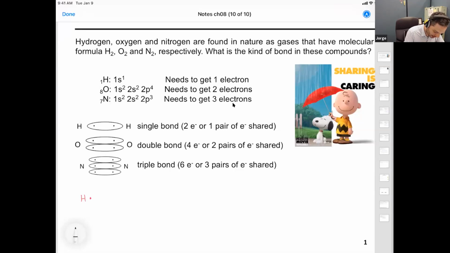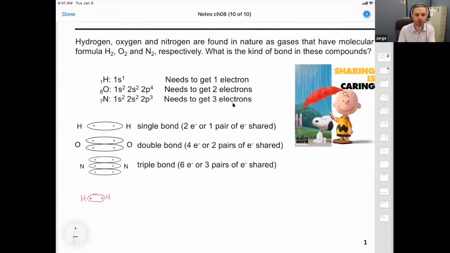One atom of hydrogen has one valence electron. Another atom of hydrogen also has one. They will combine with each other. And when the electron is shared, I'm going to put this line around the number of electrons being shared.